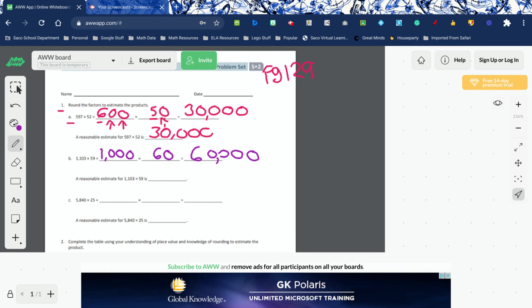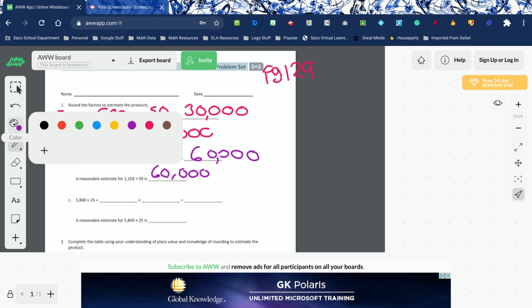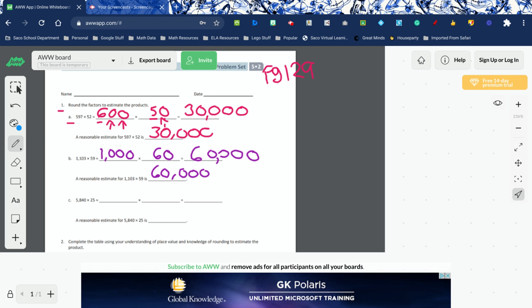And 59 is about equal to 60. 1 times 6 is 6. Slide 3 place values, 1, 2, 3, 4 place values actually. 1, 2, 3, 4 is 60,000. So a reasonable estimate for 1,103 times 59 is 60,000.